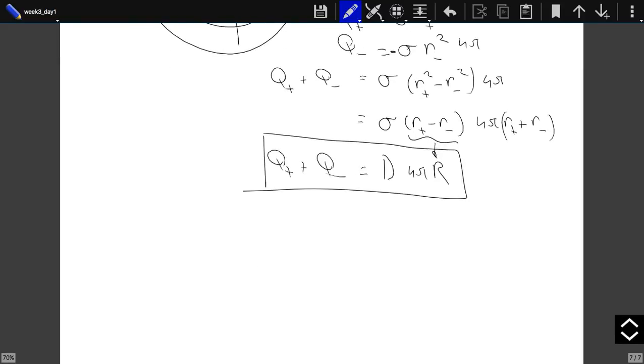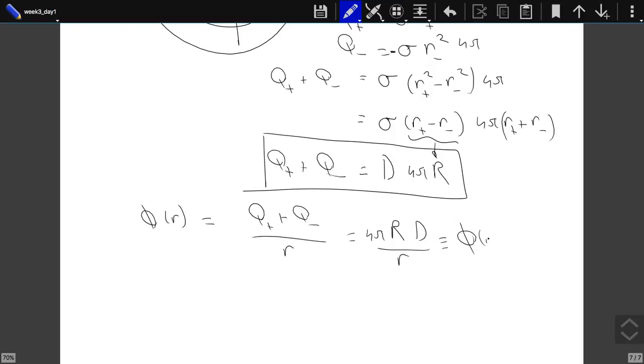Well, let's see. If Q plus plus Q minus is 4 pi R times D, then the potential outside, this was Q plus plus Q minus divided by R. This is equal to 4 pi R times D over R. What's wrong?